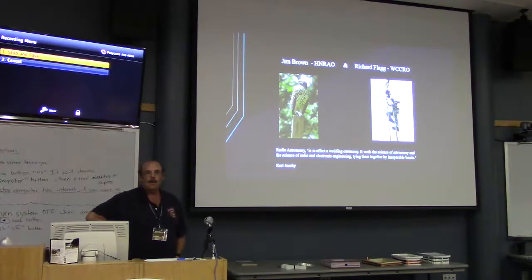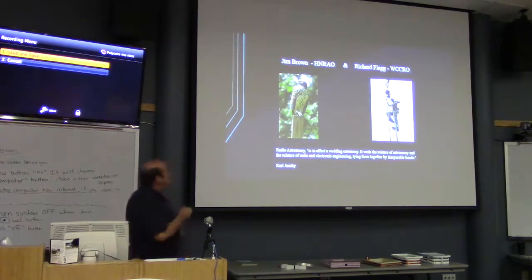People always ask me why I call my place Hawk's Nest Radio Astronomy Observatory, HNRO. This little guy right here was flying around my place last week. It's a juvenile red-tailed hawk, and he's sitting on the top of the 4x4 post of my TFD antennas. A couple of years ago, I had a full-grown adult sitting on top of my Jove dipole 4x4s, because I have everything built on 4x4s.